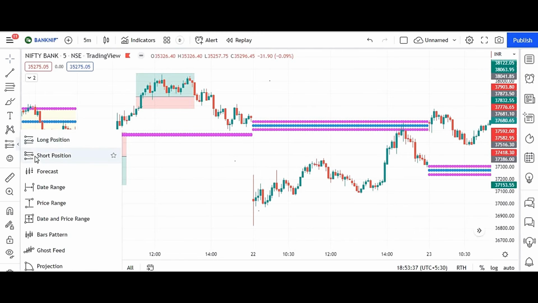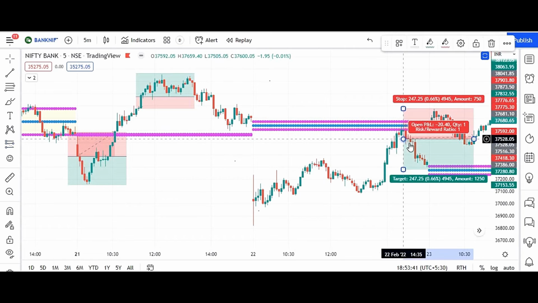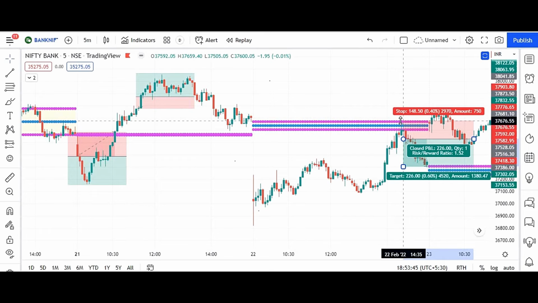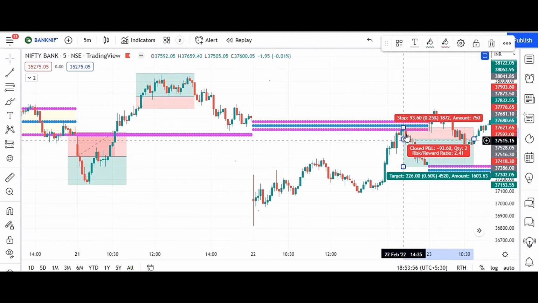Once you see the red candle rejecting this level, take entry here on this particular candle. You are done with very good profit. You can put your stop loss above CPR, or else you can put stop loss just above this candle. Wait for one red candle to be closed below, and then you can plan your entry. Here it has given 1:2. Okay, it's a very good trade for you.